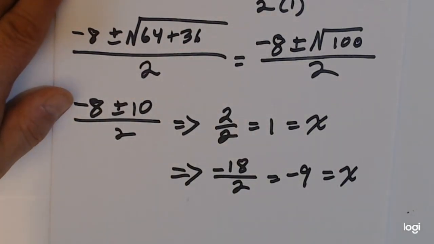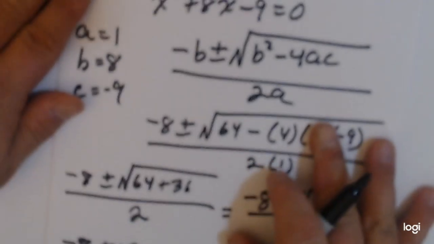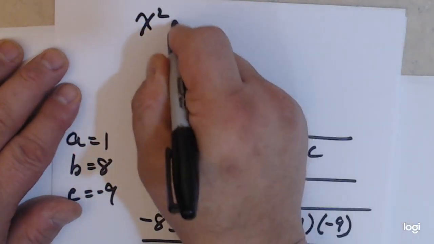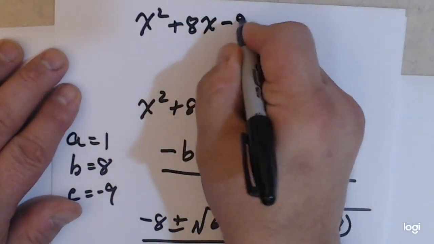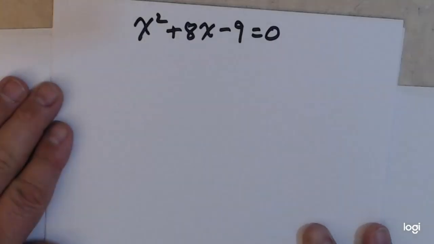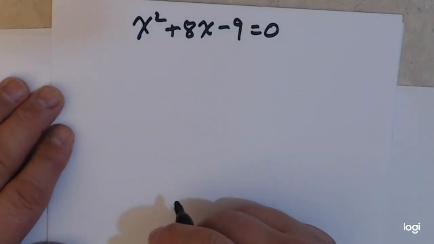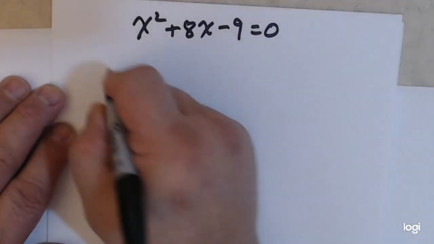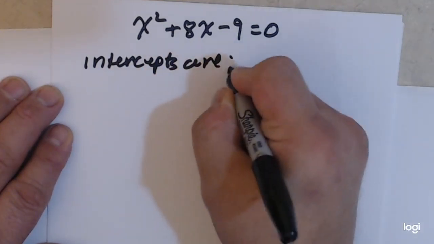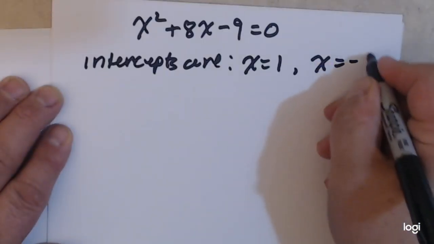So now let's graph this and see where the vertex is. Let me recopy the equation. X squared plus 8x minus 9 equals 0. Get rid of this. Now, we know that the intercepts are x equal to 1 and x equal to negative 9.